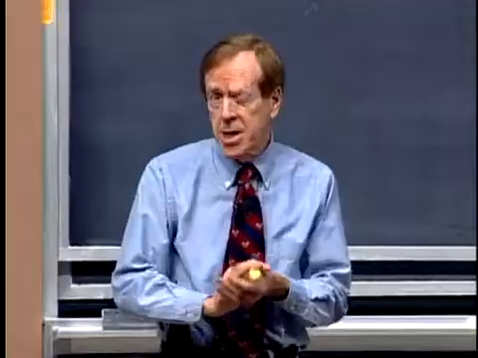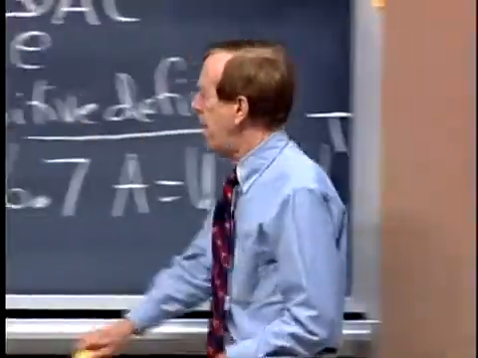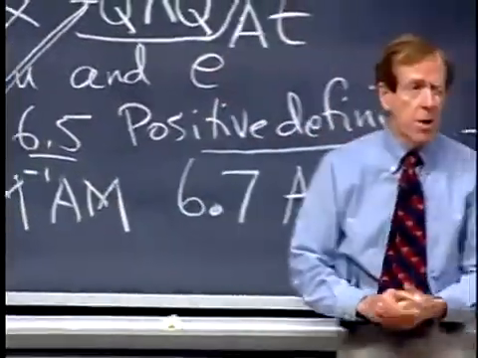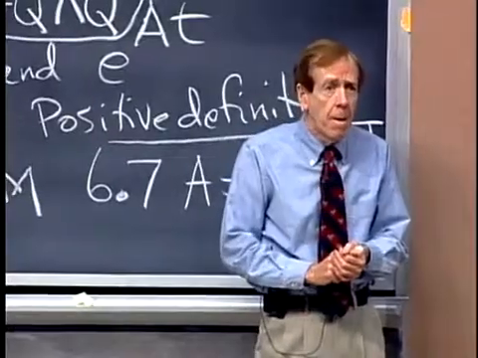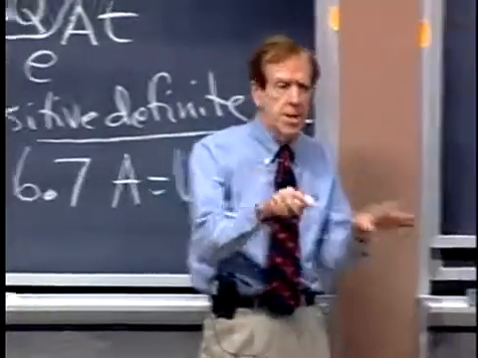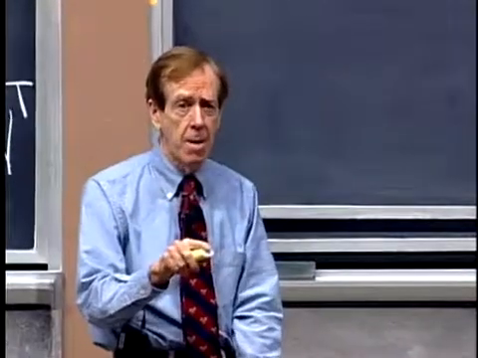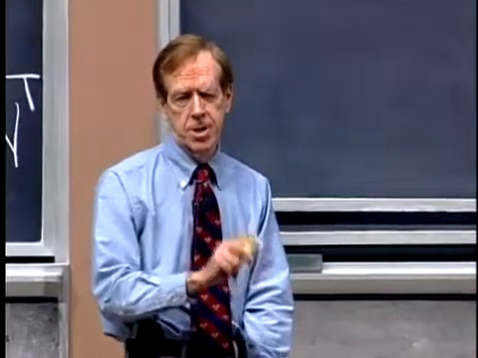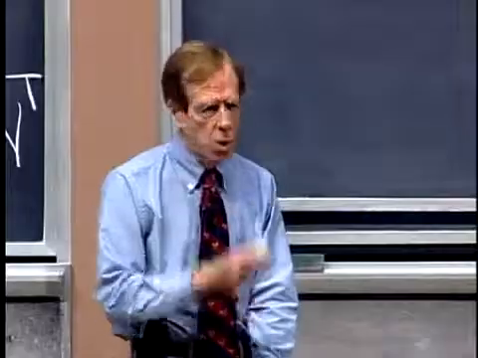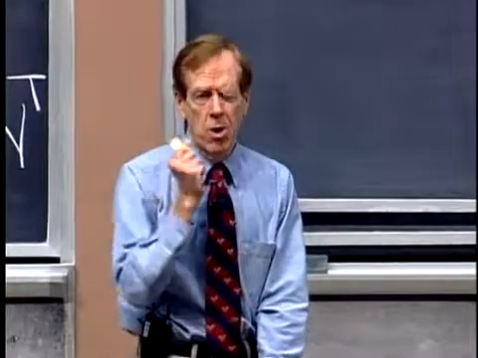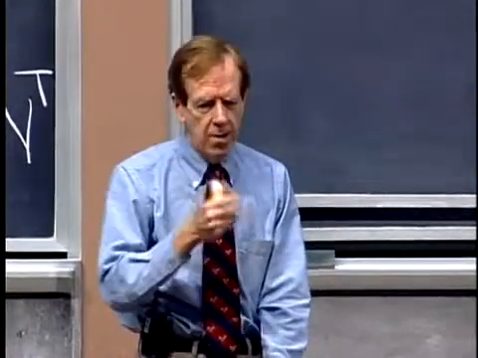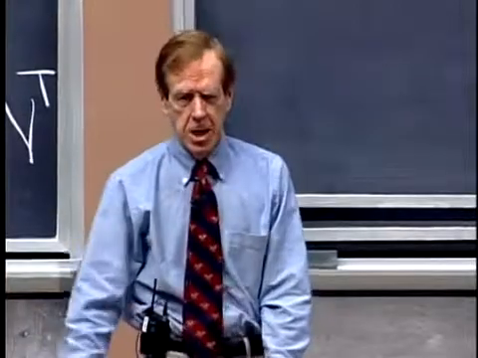In Chapter 6 language, what's the key positive fact about similar matrices? They have the same eigenvalues. So if one of them grows, the other one grows. If one of them decays to 0, the other one decays to 0.